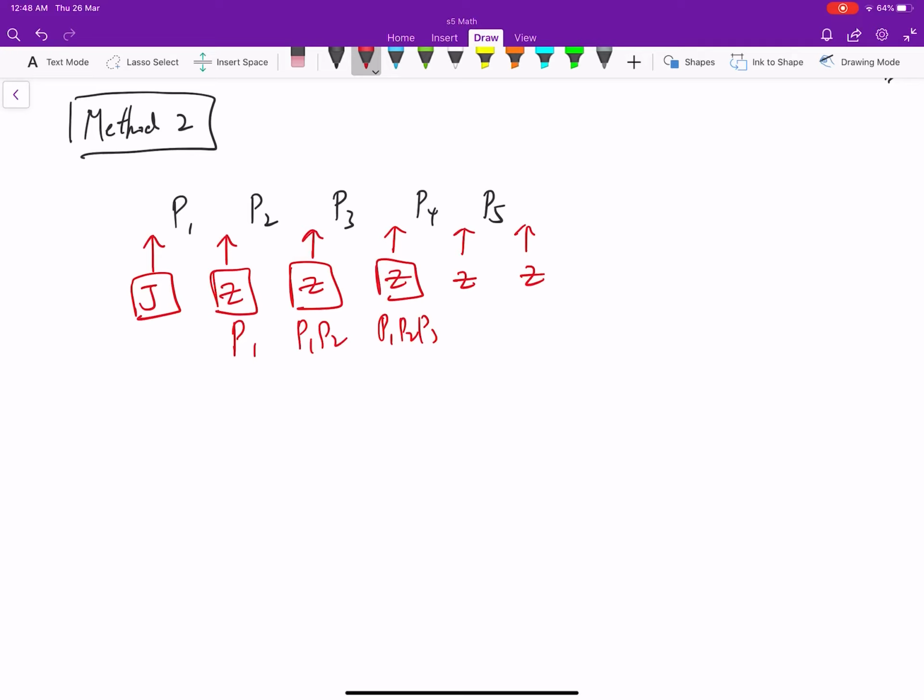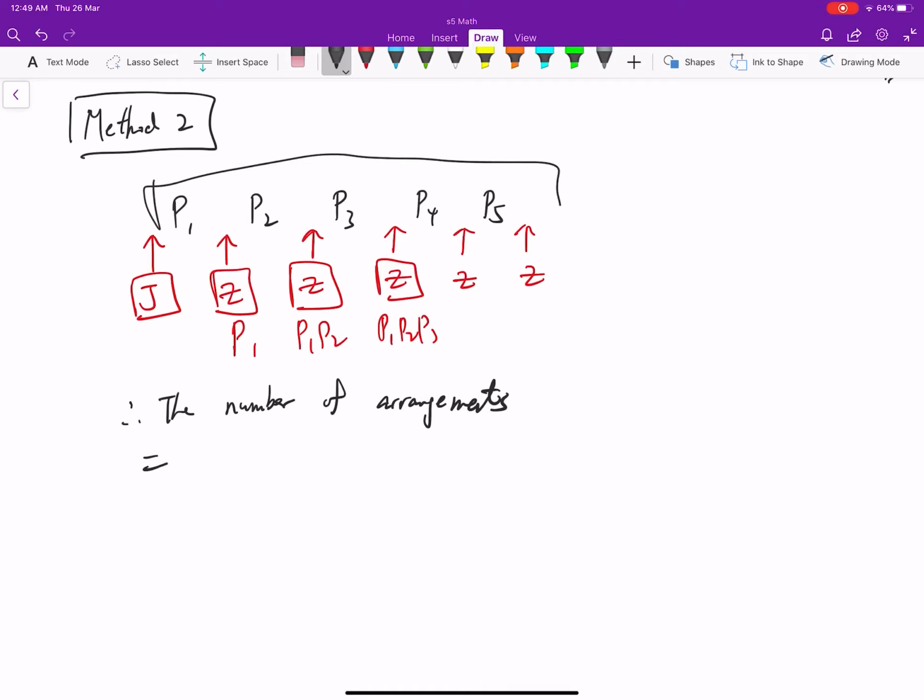So how do we find the number of arrangements? We can consider it this way. First, for P1 to P5, you get 5 factorial, right? After we arrange these 5 players, we consider Sui or Joe, any one of them.